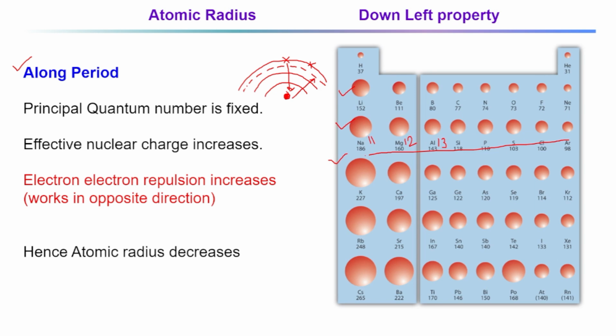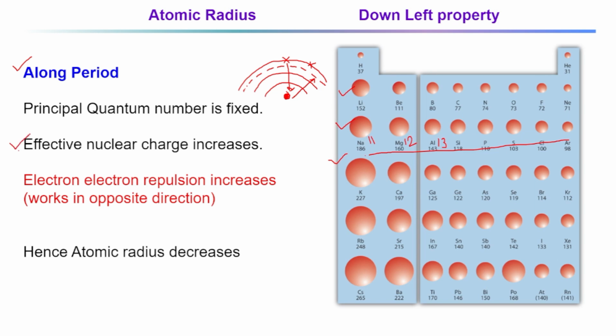Another factor is that when we go from left to right, the number of protons increases, and similarly the number of electrons also increases. So we have more and more electrons in the outermost shell. That increases electron repulsion, because electrons are negatively charged and similarly charged particles repel each other. So that is also a factor, but it is not dominant.